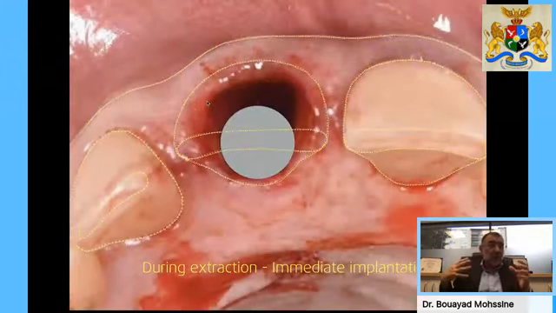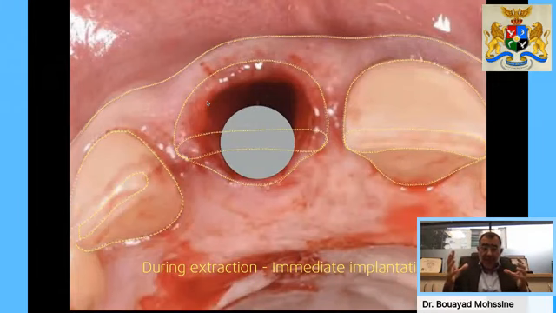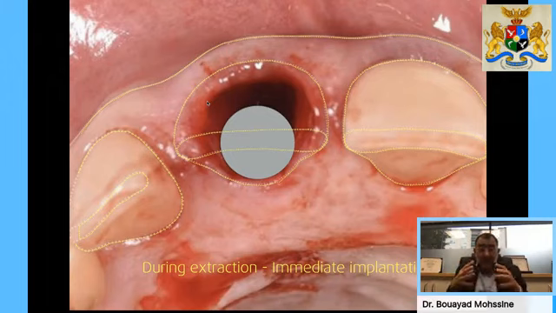We have also sometimes to have an extraction and immediate implantation in the same surgery. We have to preserve the volume of the bone and the volume of the soft tissue around the implant.